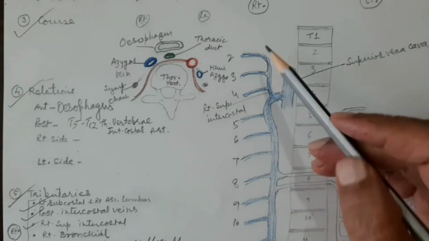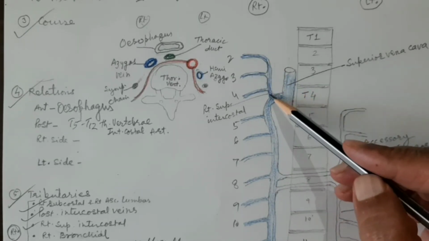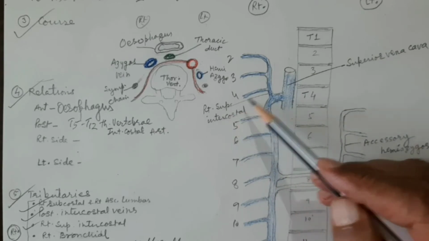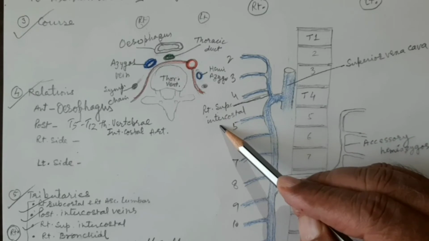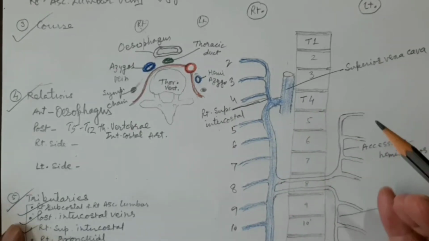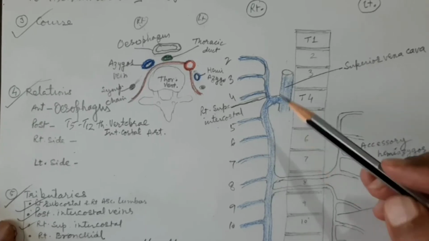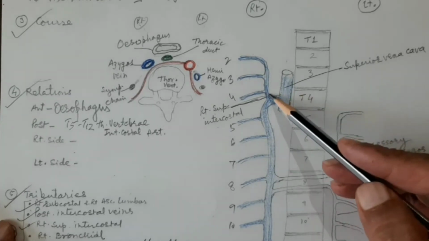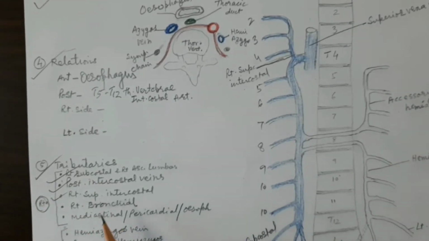This combination of the three veins from the second, third and fourth intercostal spaces is called the right superior intercostal vein, and it is a tributary of the azygos vein.